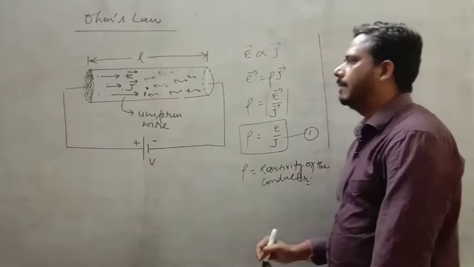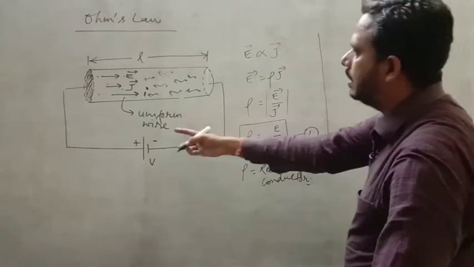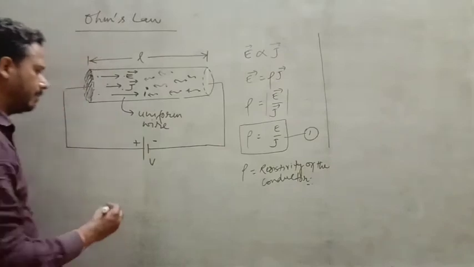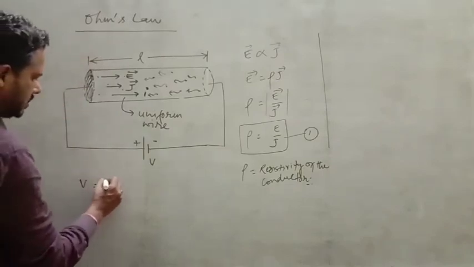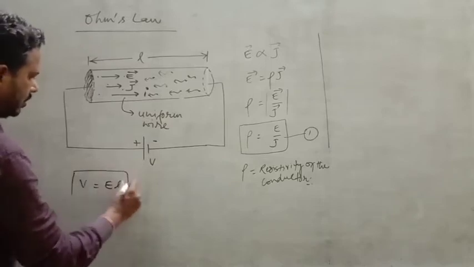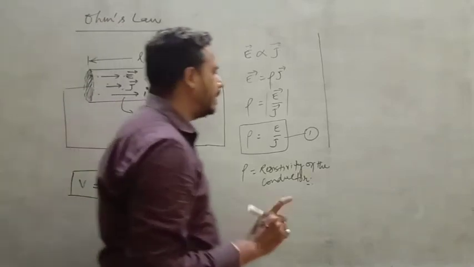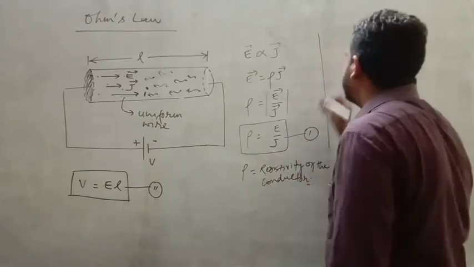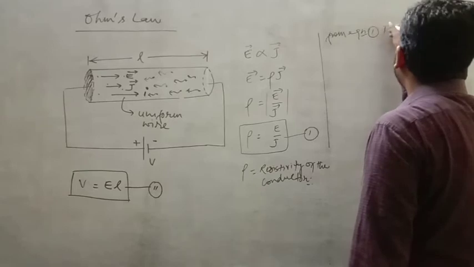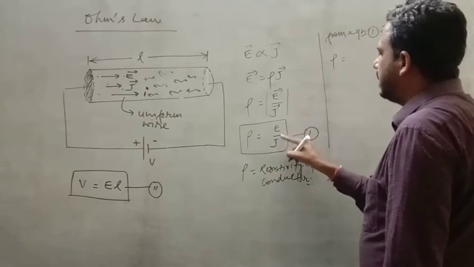Okay, this I. Alright. So just a relation from this diagram, that I am going to write here, that potential is equal to E times the length of the conductor. So one relation is there also. So you just keep in mind this relation. Okay. So now from equation 1 and 2, what you will see from equation first and second, alright, that your rho, this one is E by J, alright.